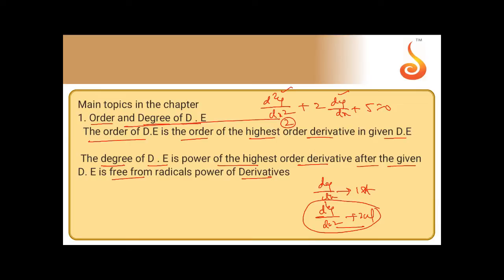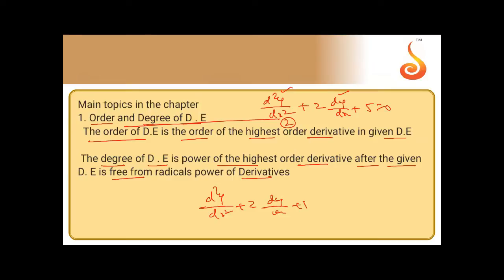In this question, all the derivative powers are integers. They are asking for the power of the highest order derivative. Here d square y by dx square plus 2 into dy by dx plus 5: the highest order is second order, and its power is 1. So the degree is 1. Here order is 2 and degree is 1.